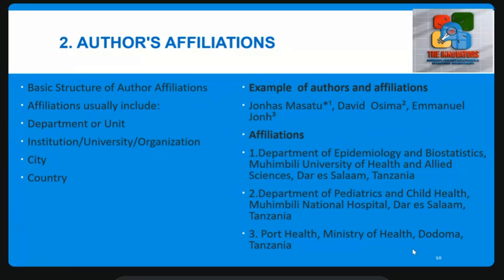So you see the institution, the department, the city, and the country are included. The other co-authors are Dr. David Osima, from the Department of Pediatrics and Child Health at Muhimbili National Hospital, Dar es Salaam, Tanzania, and Emmanuel John, from PORALG, Ministry of Health in Dodoma, Tanzania.